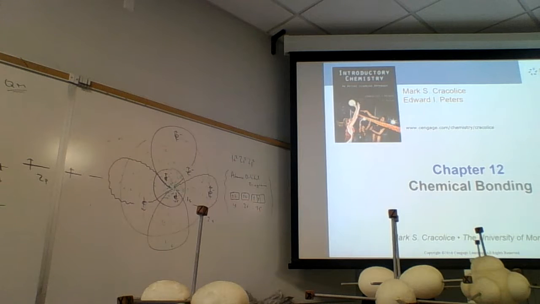And so we have different types of bonds. The types of bonds we're going to cover are, one, an ionic bond, two, a covalent bond, and three, a metallic bond. Ionic, covalent, and metallic.